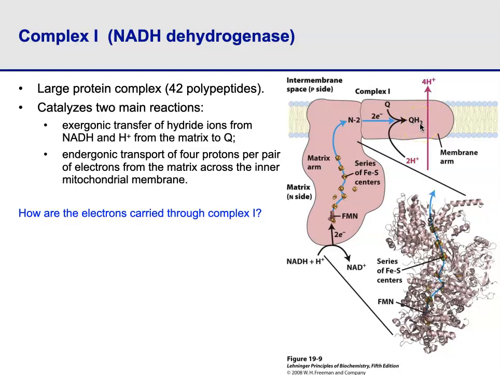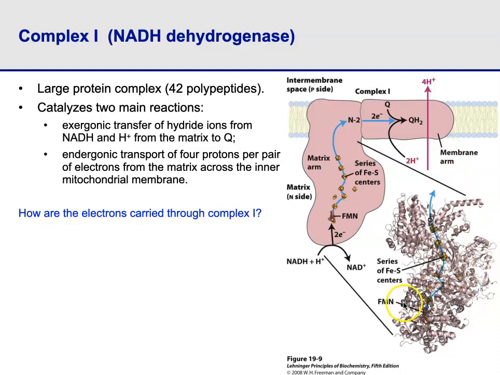And the second reaction is the transport of 4 protons from the mitochondrial matrix to the mitochondrial intermembrane space. This is the space between the outer and inner membrane of the mitochondria.